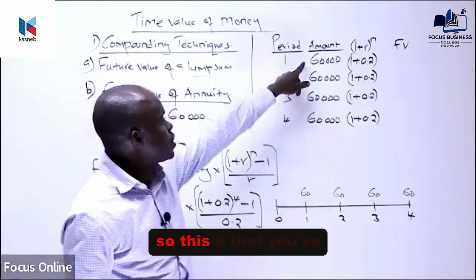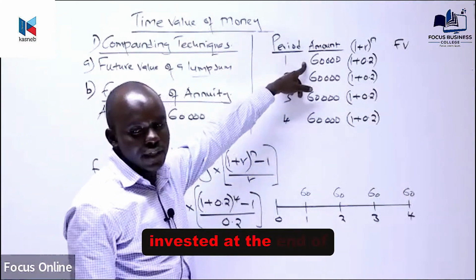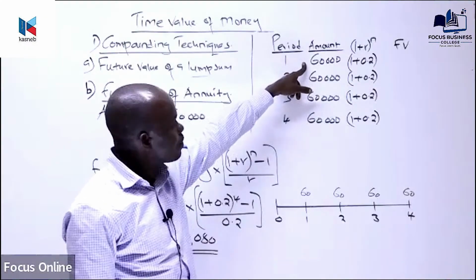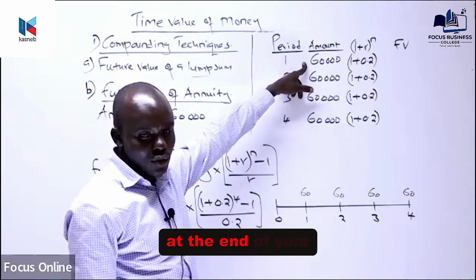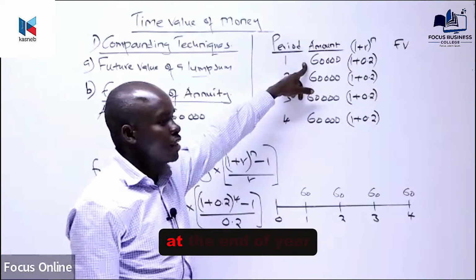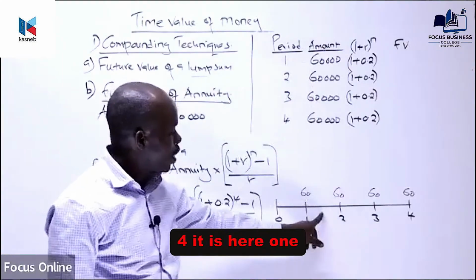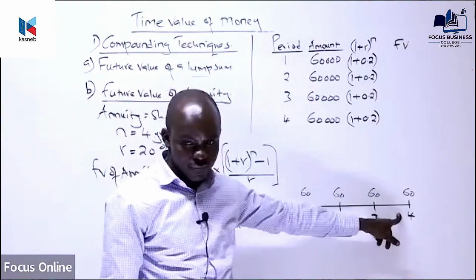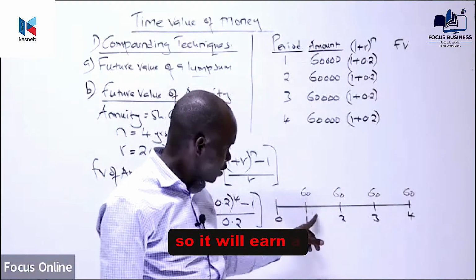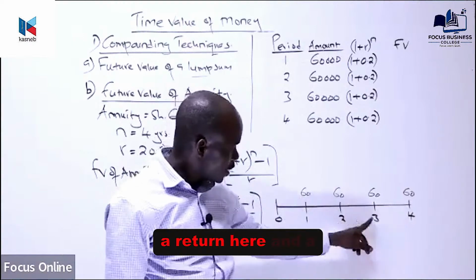So this 60 that you've invested at the end of year 1, how many times will it have earned interest at the end of year 4? It is here, 1, 2, 3. We have invested 60 here, so it will earn a return here, here, and here.